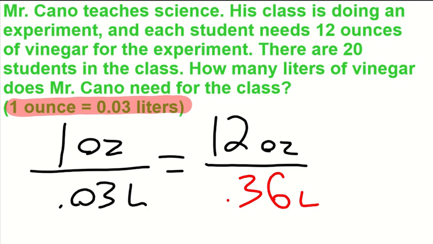Then there's 20 students. That still gives you 7.2. Either way, at some point you got to multiply by the number of students. Again, this is my preference. I think it's easier to do it at the beginning because then you don't forget that step. If I were making the answer choices, 0.36 would be one of the answer choices. Any questions on that?